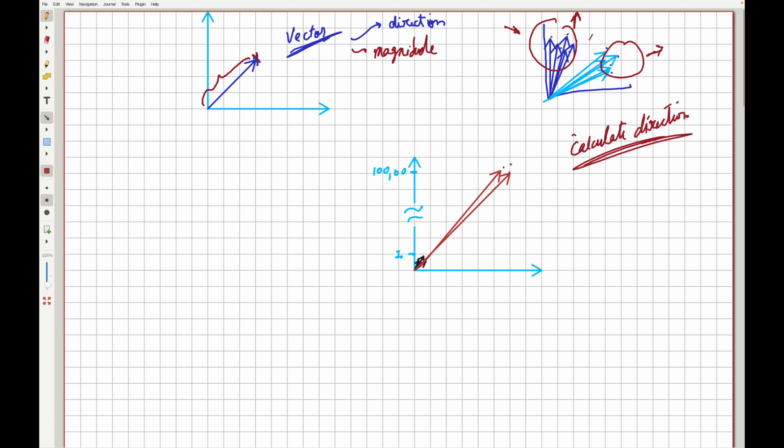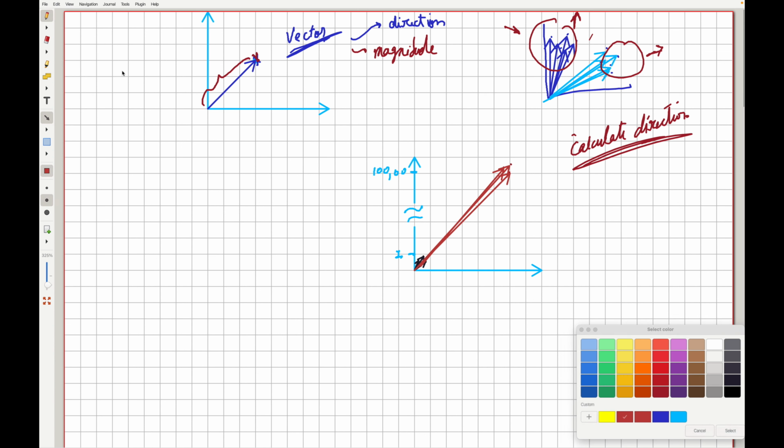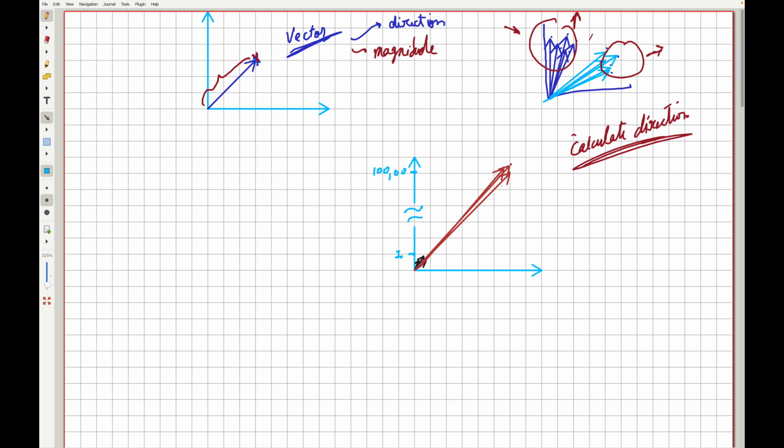When we take a dot product to find the optimal W, these large arrows tend to dominate the calculation. They will dominate the values of the dot product just because they have a large length.